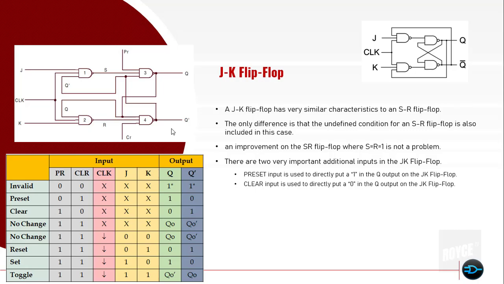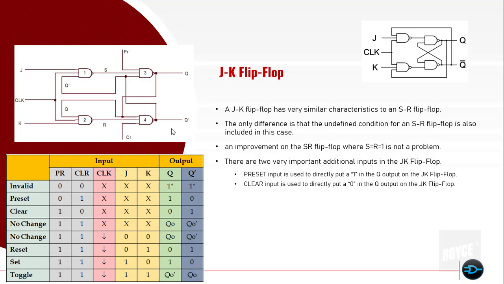Now, a JK flip-flop usually have two additional inputs. We call this the preset and the clear input. So, anong ginagawa nito? Preset input used to directly put a logic 1 dun sa Q output. Yung clear input naman, this is used to directly put a logic 0 sa JK flip-flop.